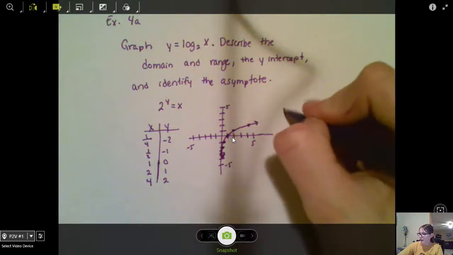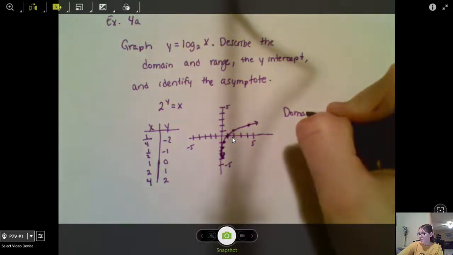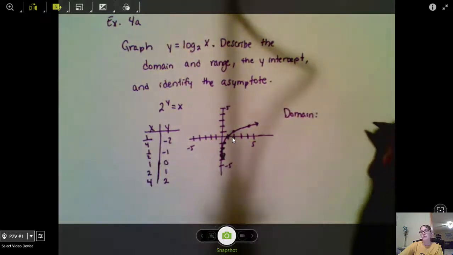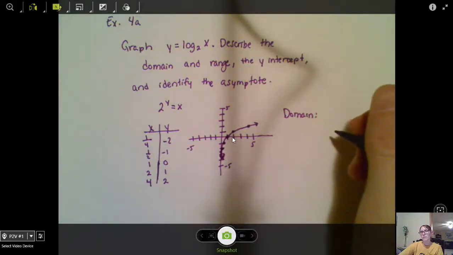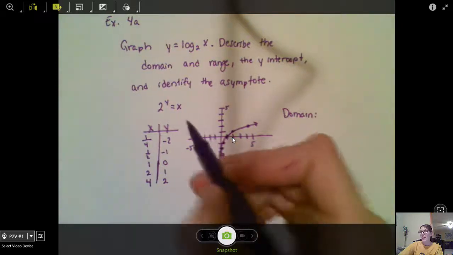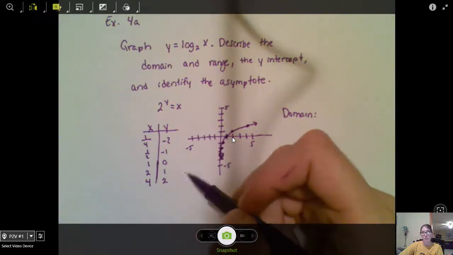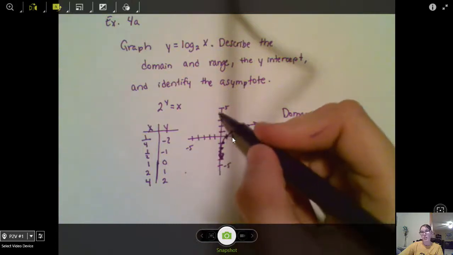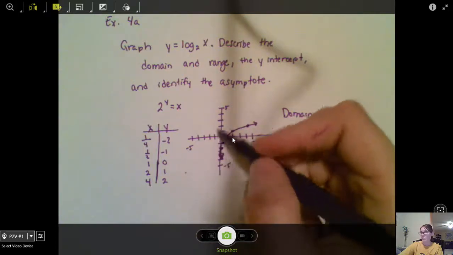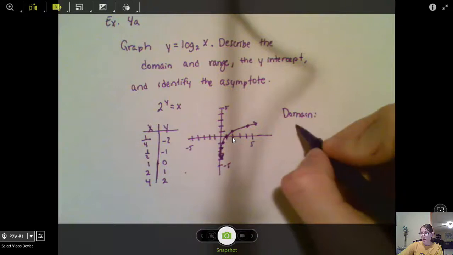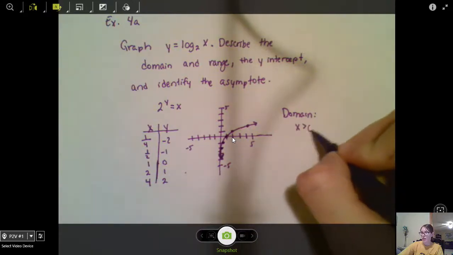Okay, let's look at domain here. My domain, my x values. I can't have any negative x values for sure. Can x equal 0? Well, is our graph going to hit the y-axis? No. So our domain is really just x is greater than 0.